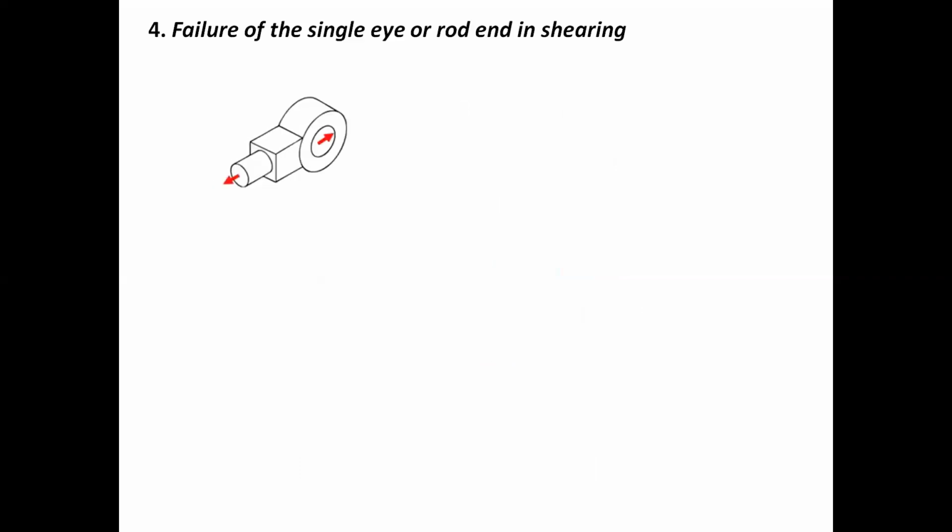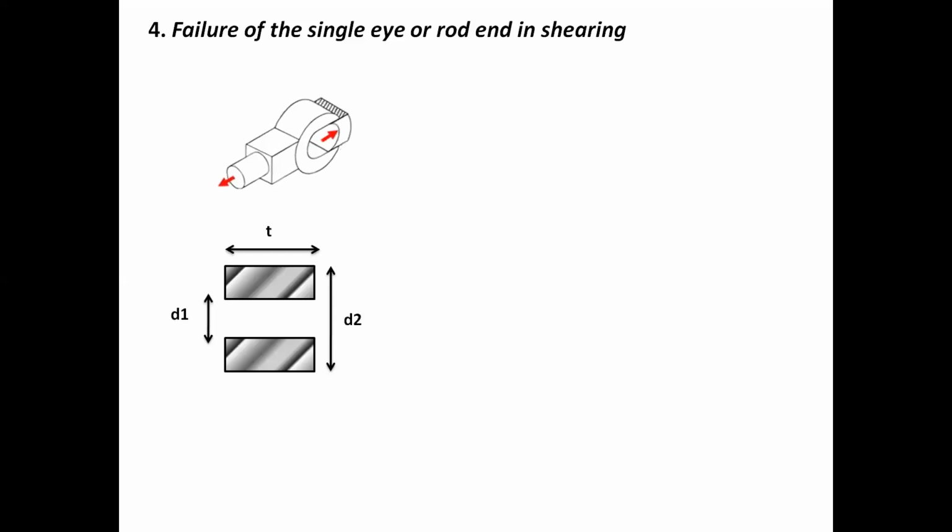In tensile failure, the resisting area is perpendicular to the force, whereas in shearing failure, the resisting area is almost parallel to the applied force. So that comes out a failure of single eye in shearing.